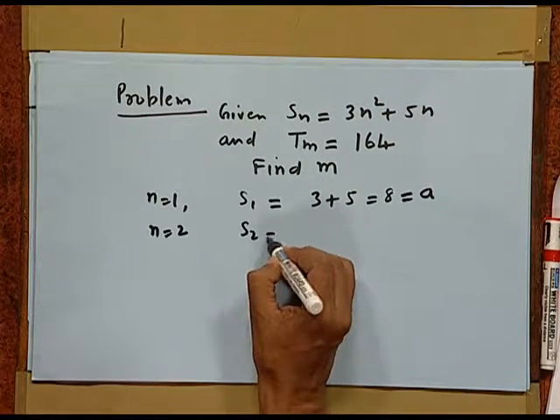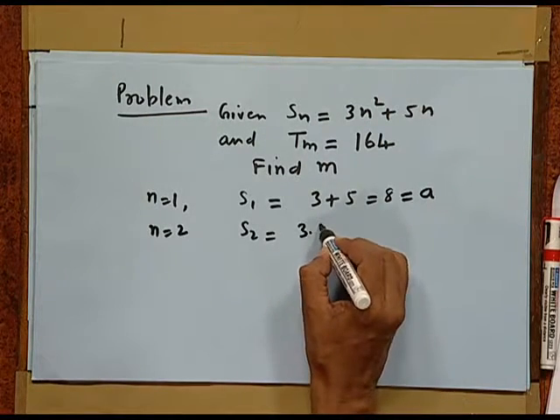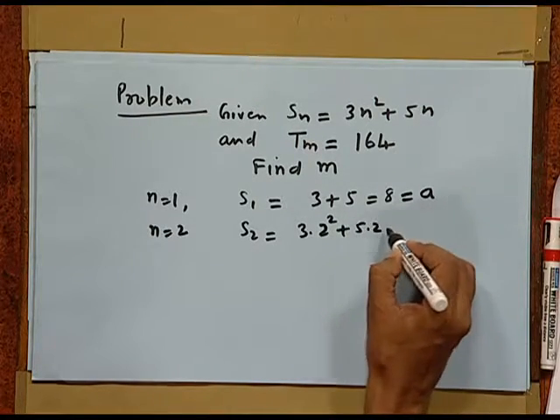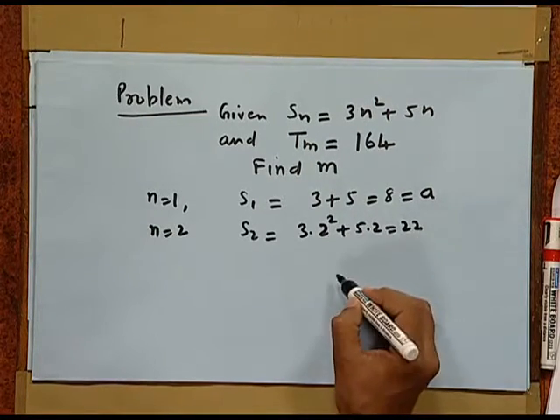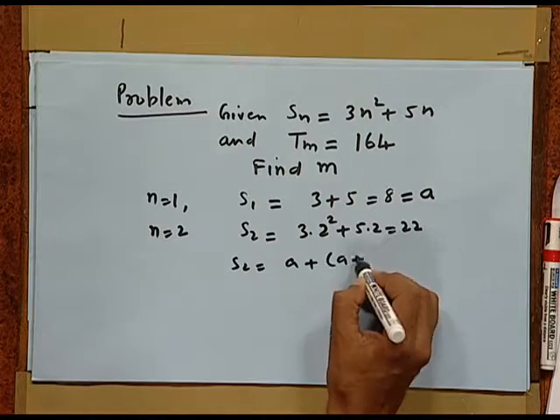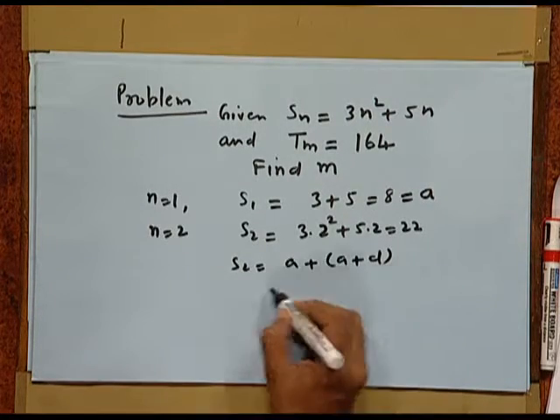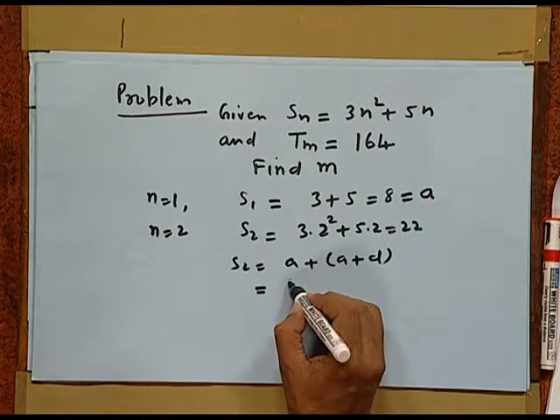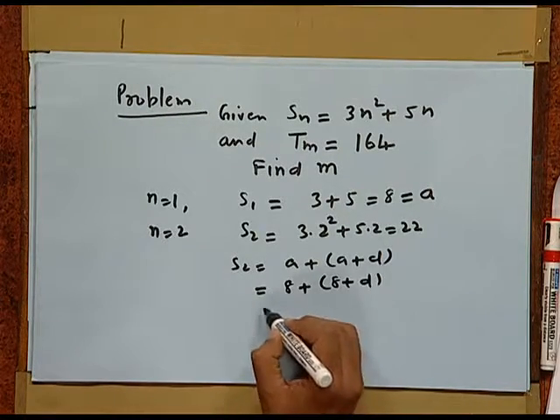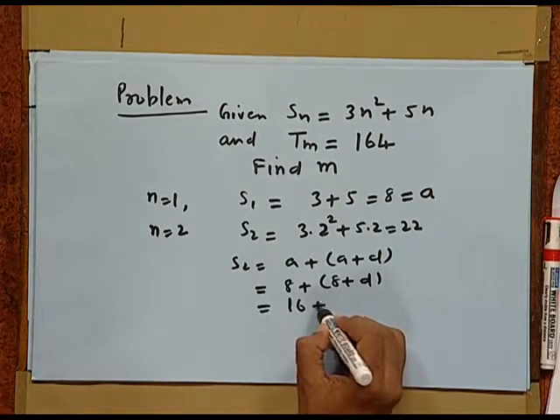We get S2 is equal to 3 times 2 square plus 5 times 2, that is 22. But S2 is actually first term plus second term, that is 8 plus 8 plus d, that is 16 plus d.